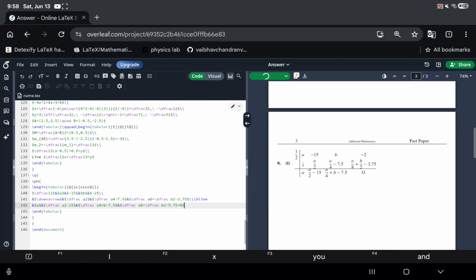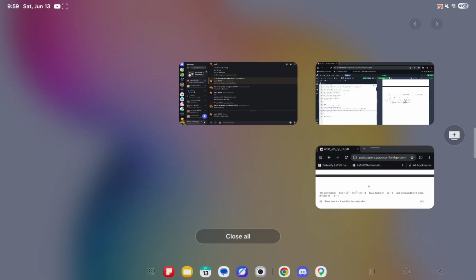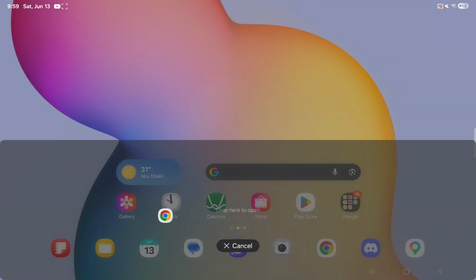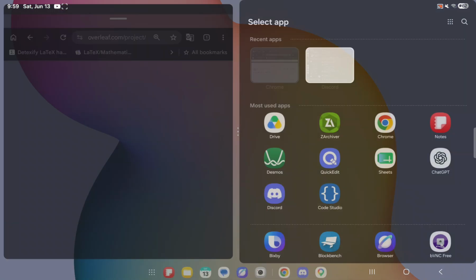Nice. We know this very well, that it will be equal to 0. Now let's see what we have here.